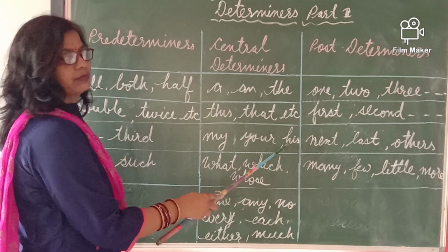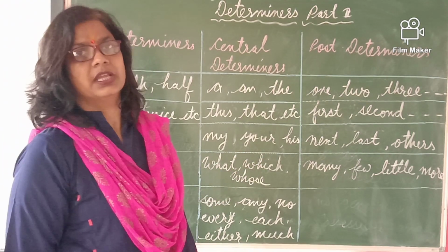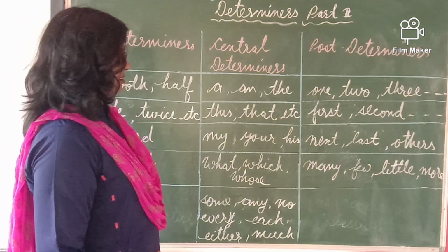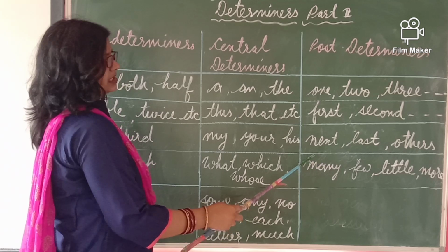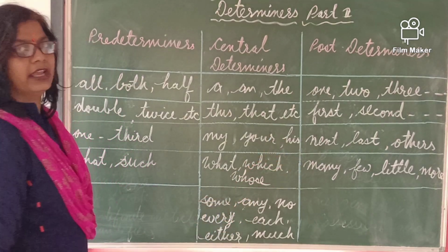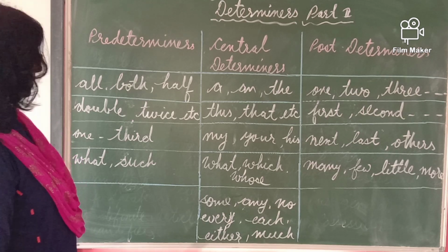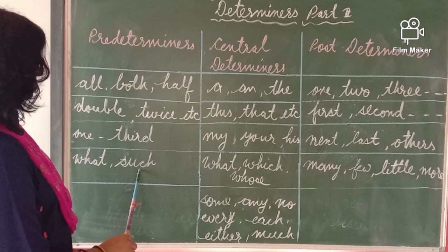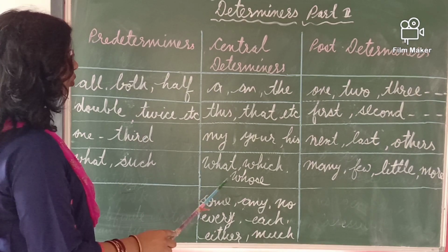My, your, his, meaning all the possessive pronouns, all the possessive determiners, will be retained in the center. Next, last, others. This type of determiners will be after the central determiners. What, such. These will be in predeterminers. What, which, whose.